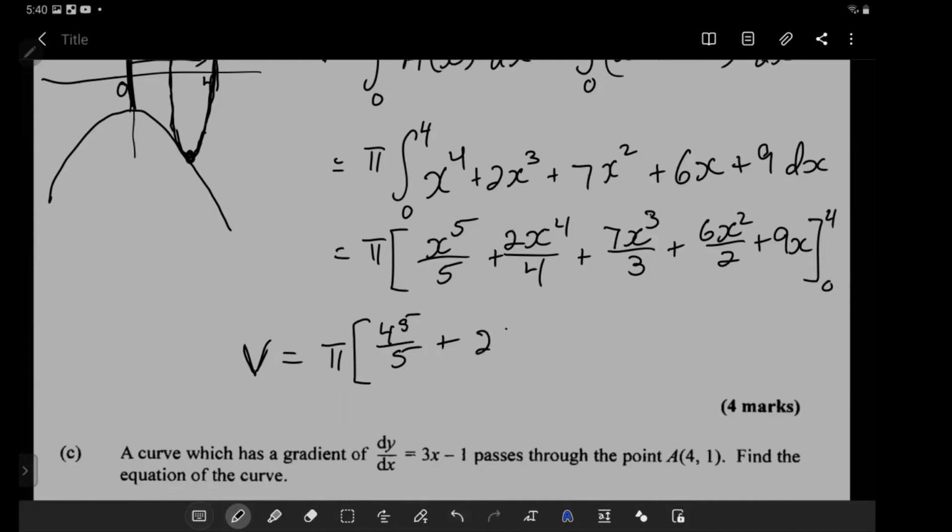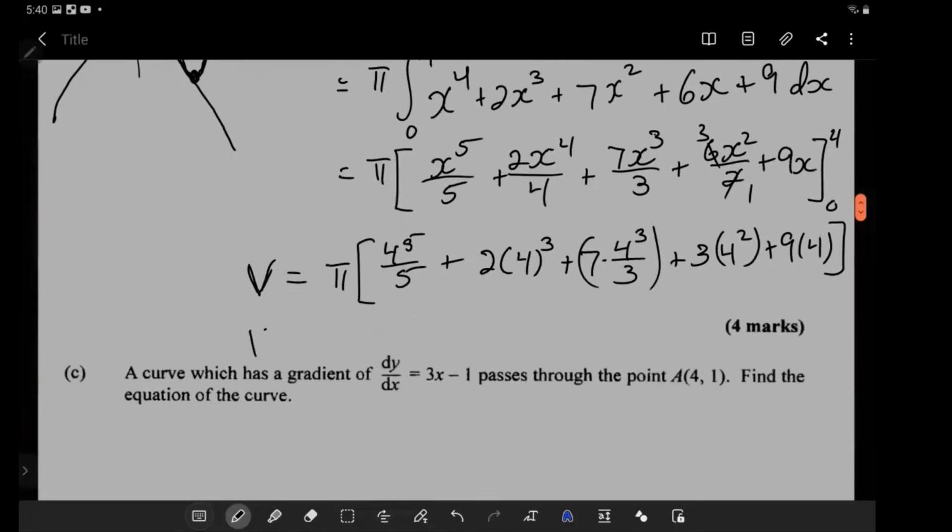So this would be like 2 times 4 cubed plus 7 times 4 cubed over 3, plus, this could cancel down a lot. So we have 2 into 2, 1, 2 into 6 is 3. So we have 3 times 4 squared plus 9 times 4. And what would that give us?